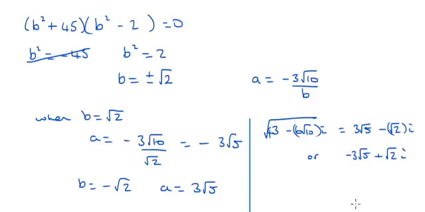So you could, if you wanted to, write that as plus or minus 3 root 5 minus root 2i.